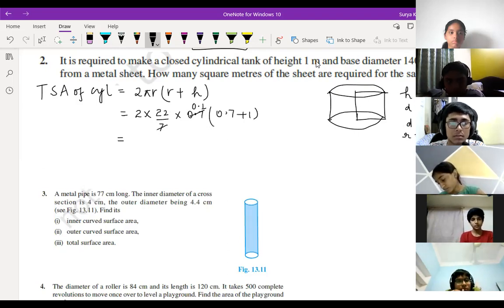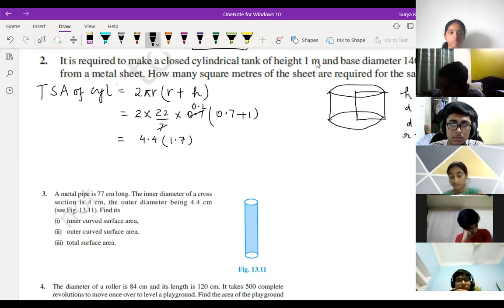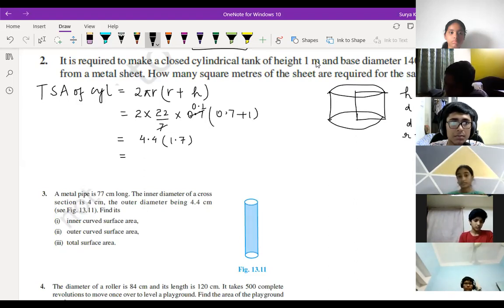So 22 into 2 is nothing but 44. You can write 4.4 into 1.7. Can we write like this, children? Anyone having doubt till here? No, sir. So 44 into 17: 17 fours are 68, carry 6; 17 fours are 68 and 6 is 74.